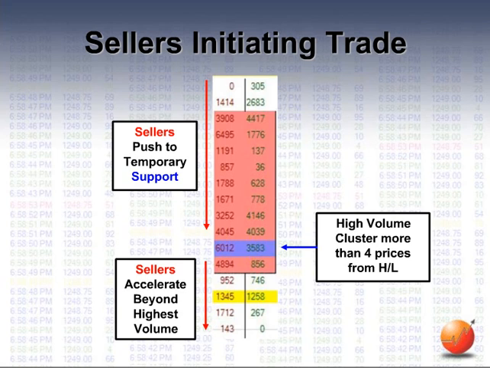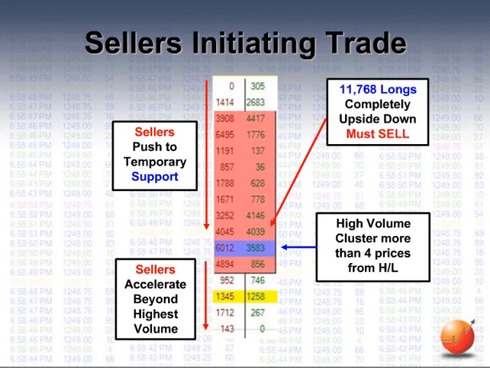Thus, the pattern is called sellers initiating trade, and it is exactly what happens when what you would call support fails. In this case, the traders that are upside down and that eventually drive the market into a fast frenzy are those that were buying rather than the sellers being trapped at the bottom.